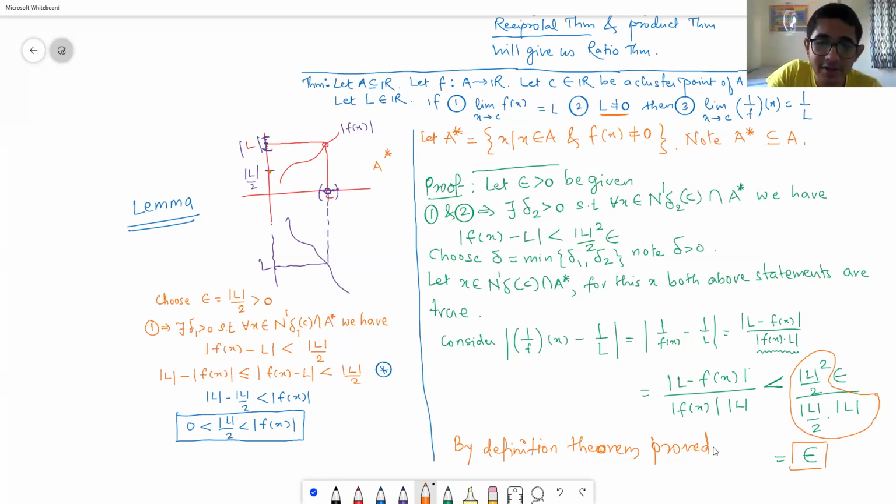Sir, I think I have a different proof. Sir, let g of x be equal to 1 by f of x. Then f of x into g of x is equal to 1.